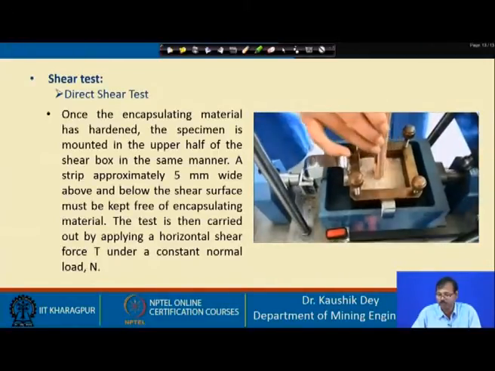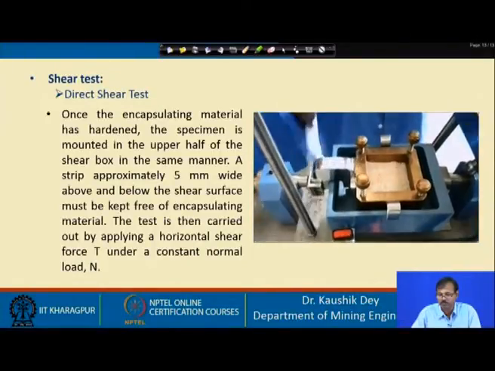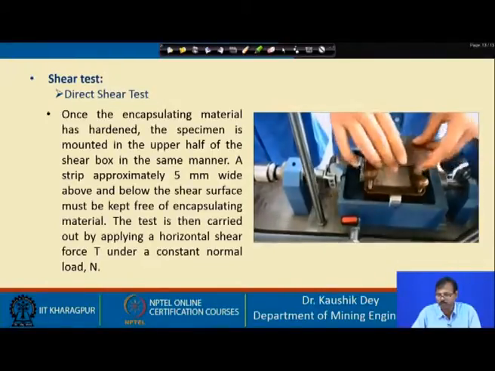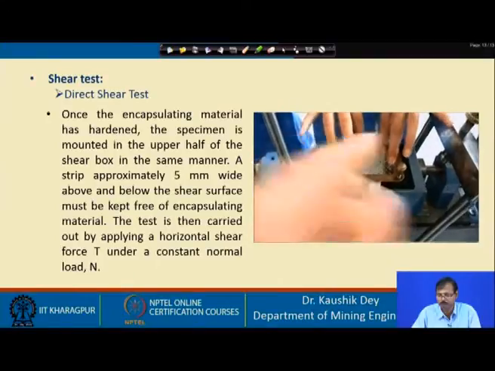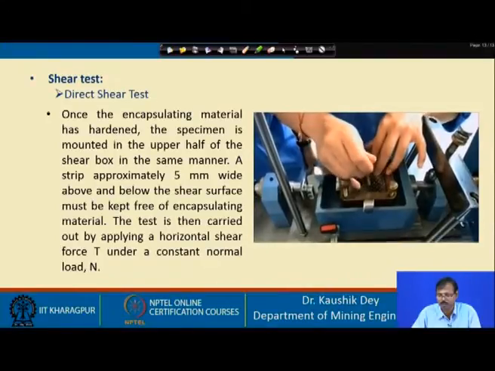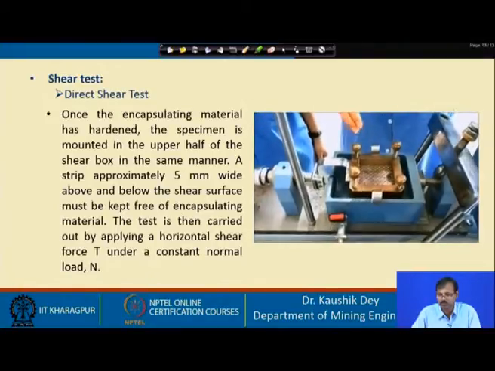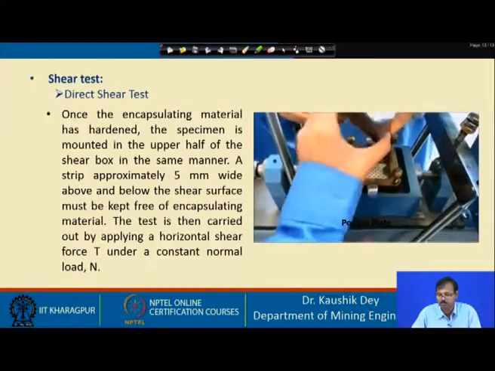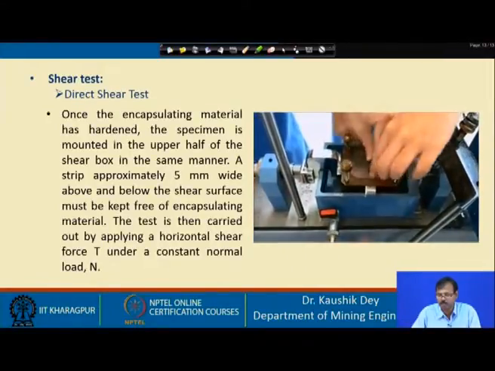Then the material will be compacted, so that the perforated plate will be placed above this. Then the upper plate will be placed on this.